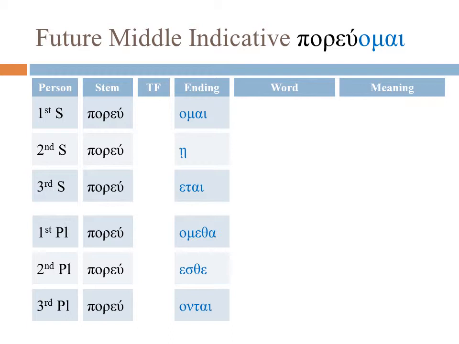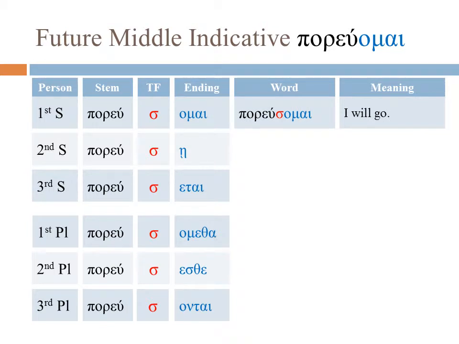Then we have the tense formative. It's the same tense formative, a sigma. And we just drop that in. So instead of having πορεύομαι, which would have been the present form, we have πορεύσομαι, I will go. In the second singular, instead of having πορεύῃ, we will have πορεύσῃ. Πορεύσῃ is you will go.